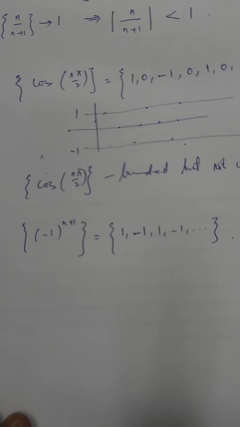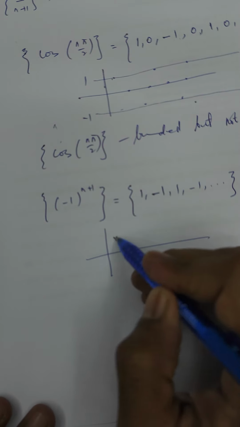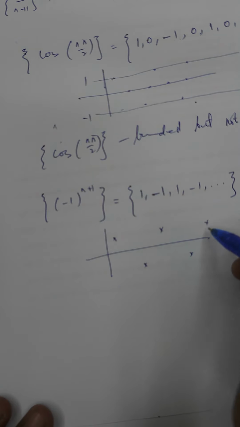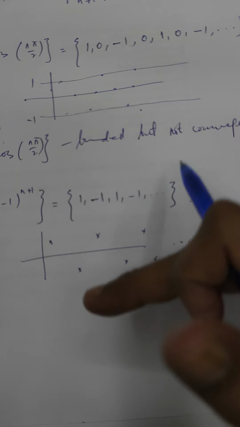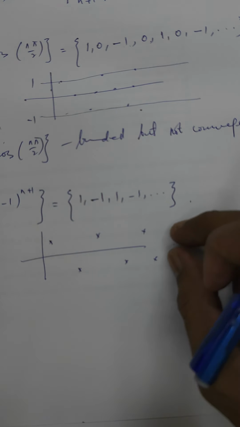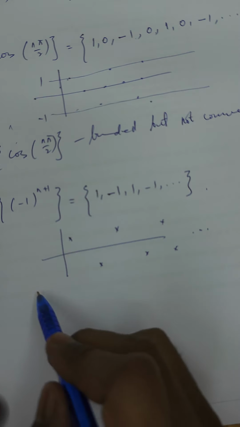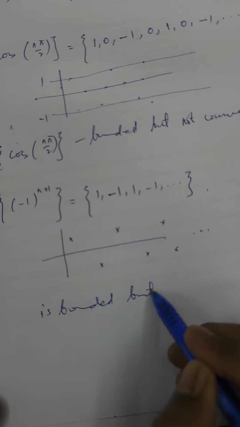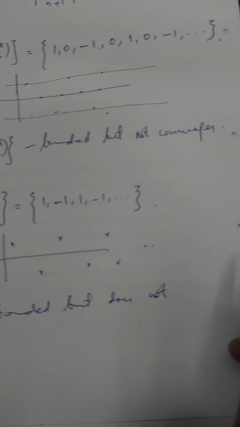That's our sequence. If you plot this, we have just 1, negative 1, 1, negative 1, and it keeps going like that. It is bounded between 1 and negative 1, but again it converges nowhere. So in this case, we say this sequence is bounded but does not converge.